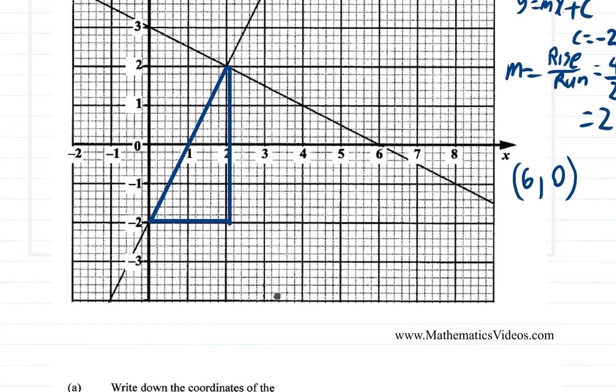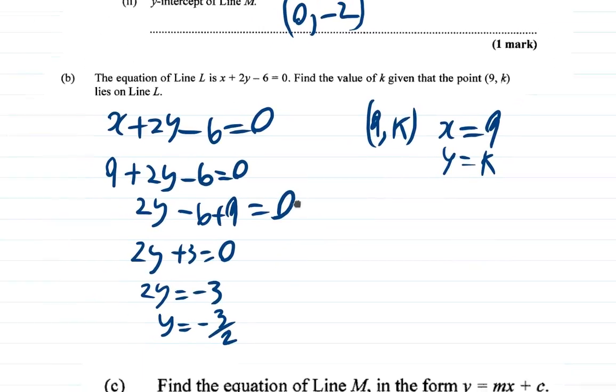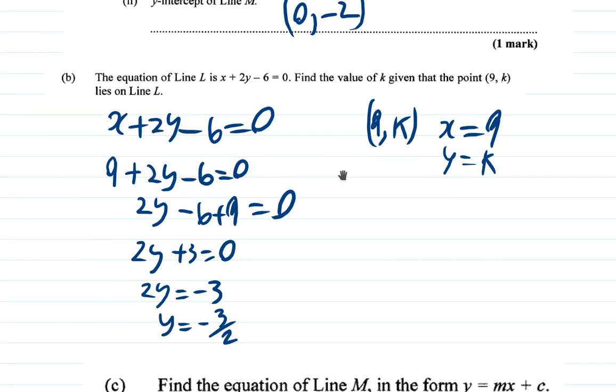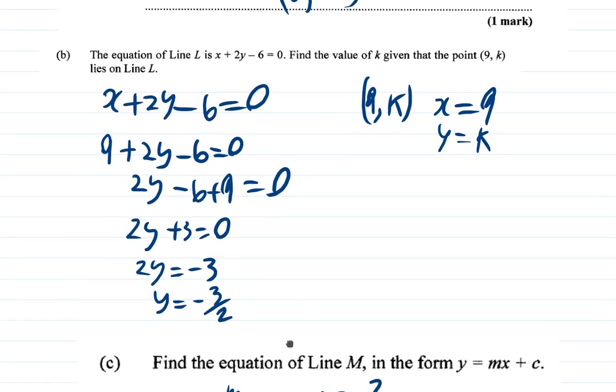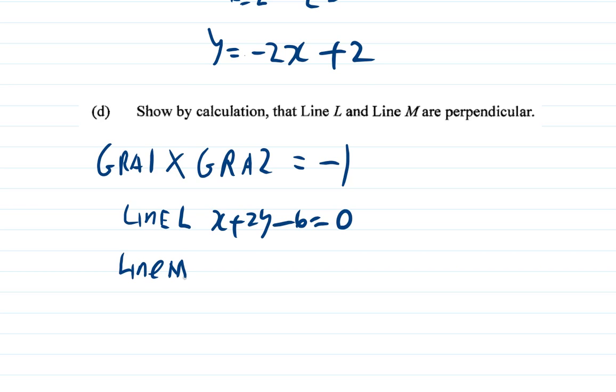So, here now. We're going to have to find out what the gradient of line L is. But line L is in the form x plus 2y minus 6 equals 0. And then, line M is in the form y equals negative 2x plus 2.